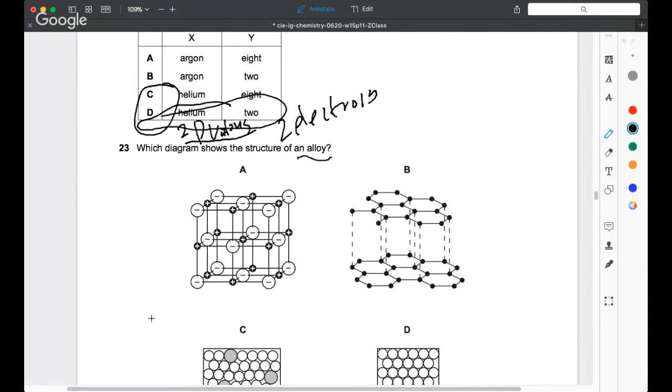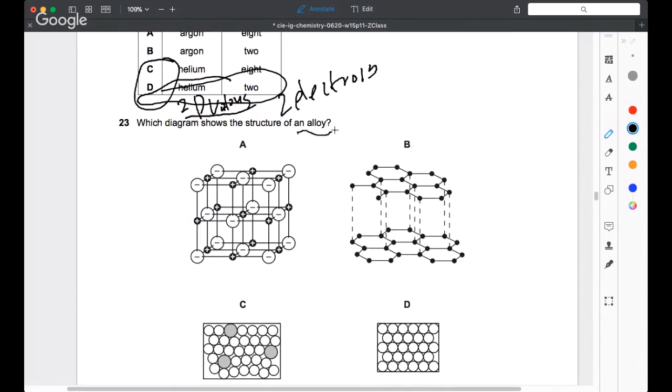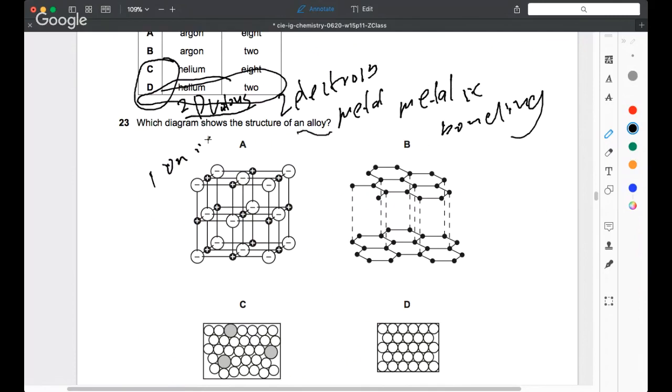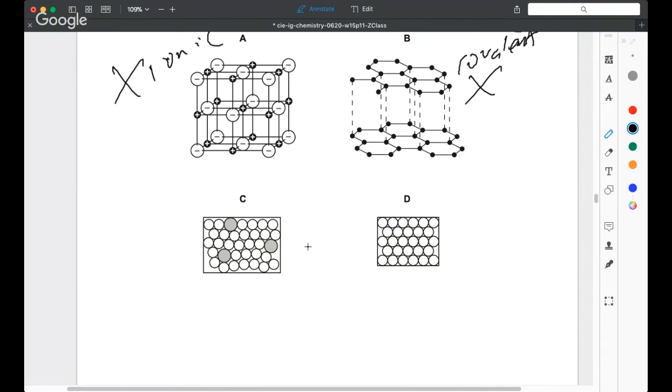Okay. Number 23. So an alloy is a metal, and metal has metallic bonding. Okay. So if we look at the bonding structures, A is ionic, obviously. So A is wrong. B is covalent. It's also wrong. C and D, they are metallic.